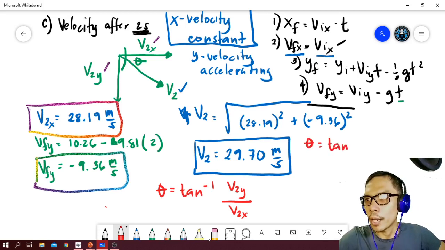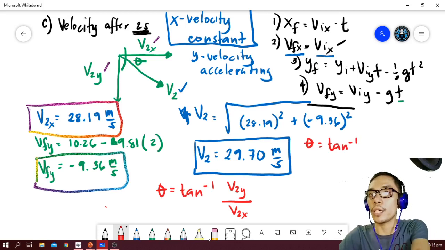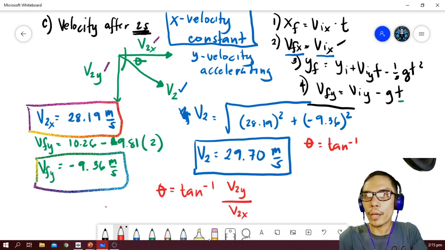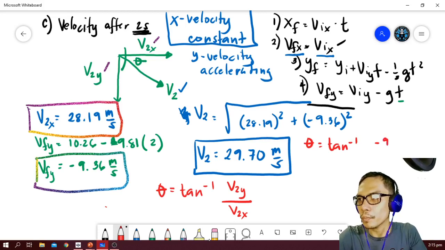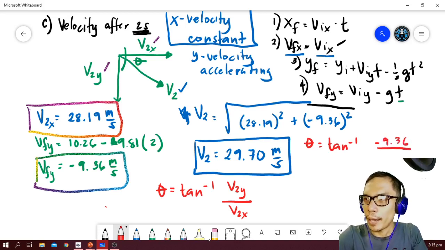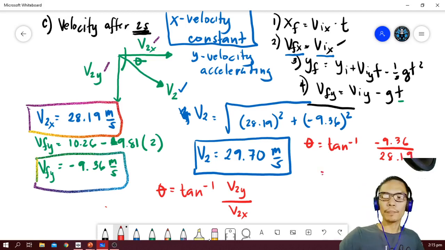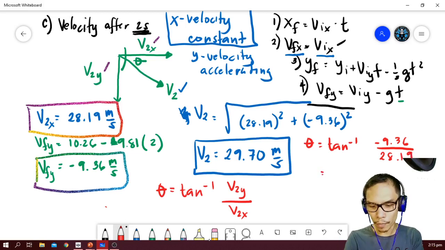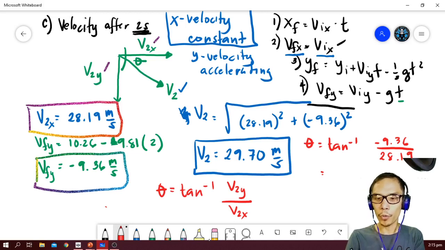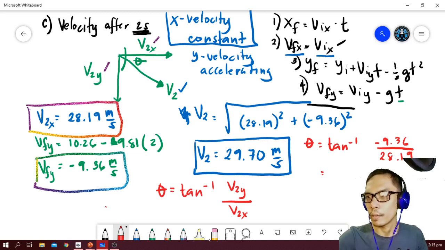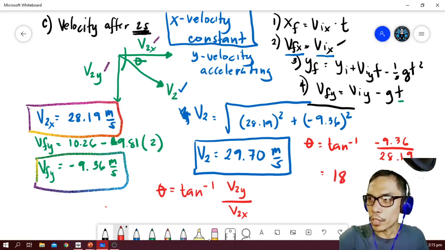So tangent negative 1, V sub 2y is negative 9.36, and we have V sub 2x, which is 28.19. Now if you do the math correctly, 9.36 over 28.19 is 0.3320, and tangent negative 1 of that gives 18 degrees, which is negative.